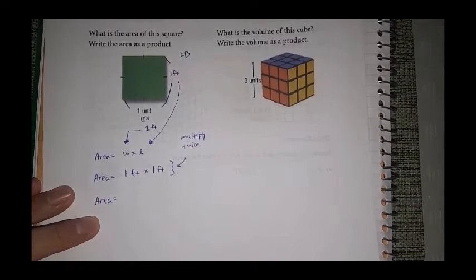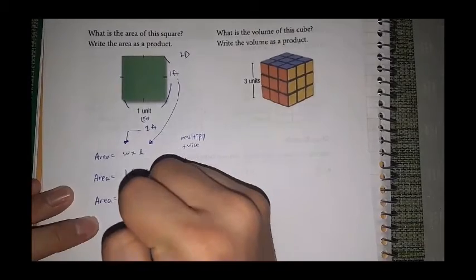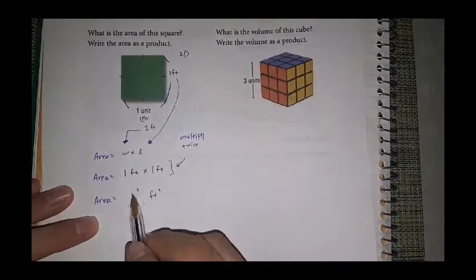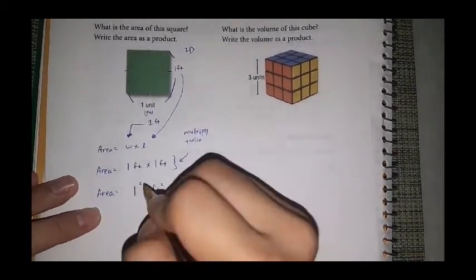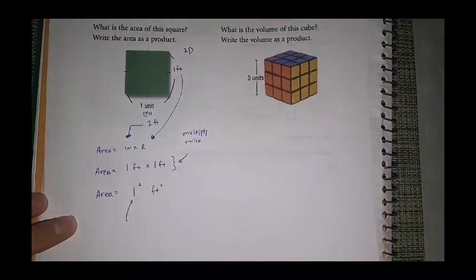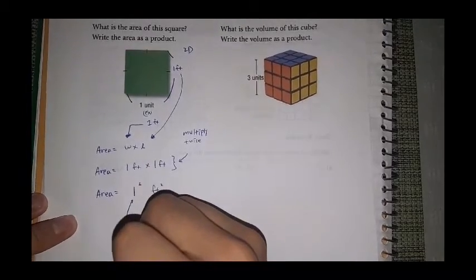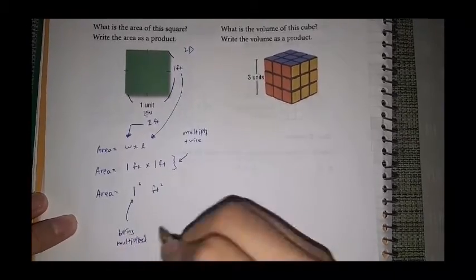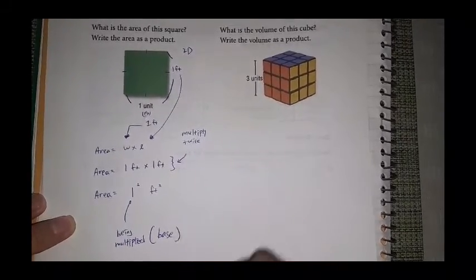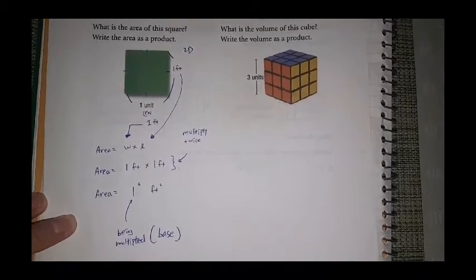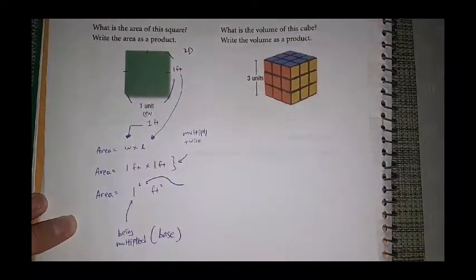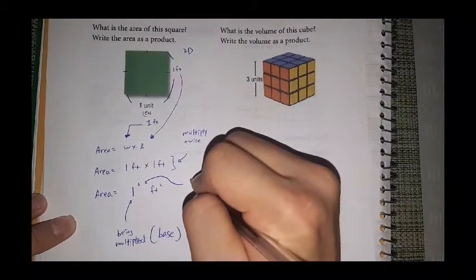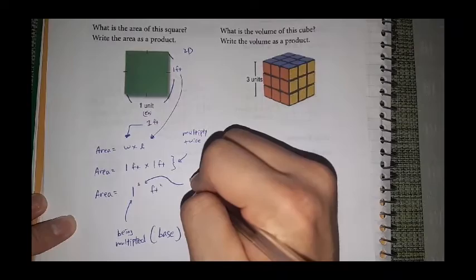If it's repeated multiplication, let's just put how much it is repeated at the top right corner. We call this 1, which is being multiplied, a base. From now on, we're going to call it the base. On the other hand, this small number on the top right corner, we're going to name the exponent, and it tells us how many times it's multiplied.